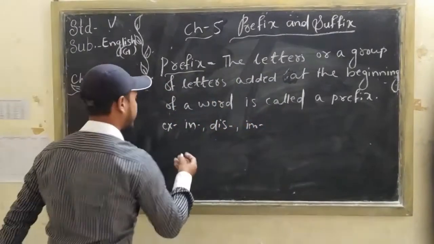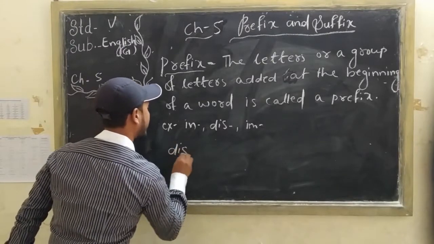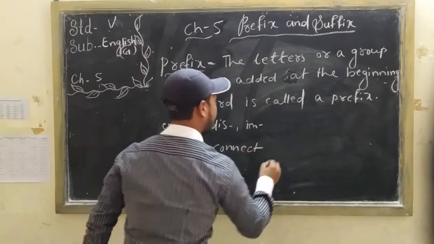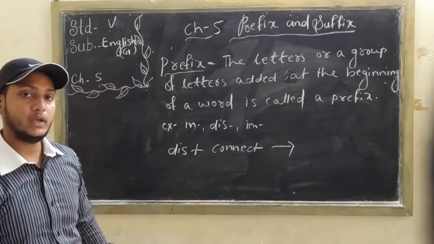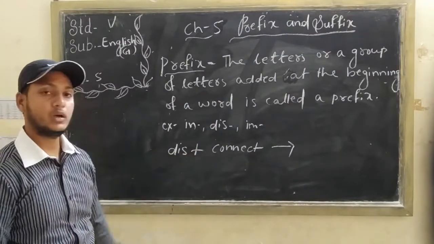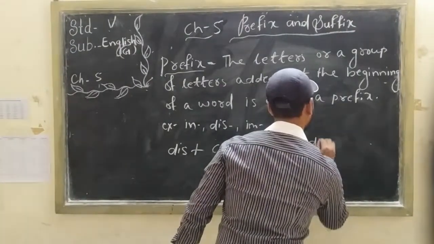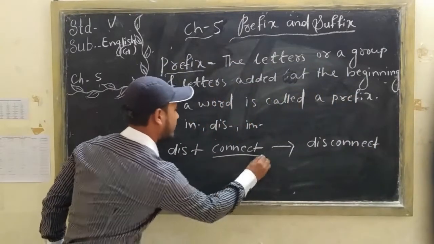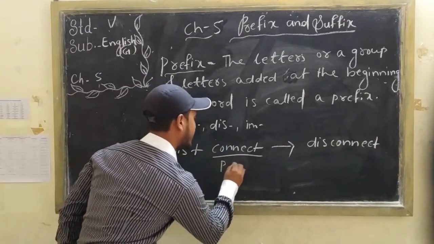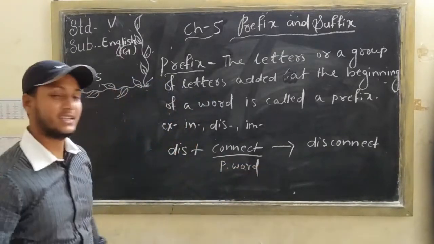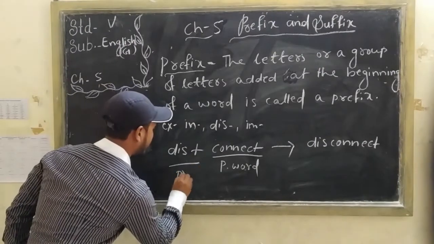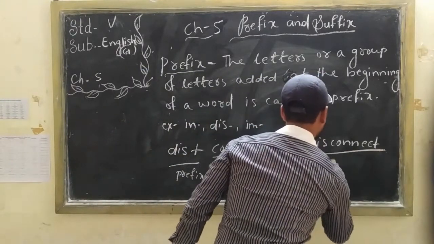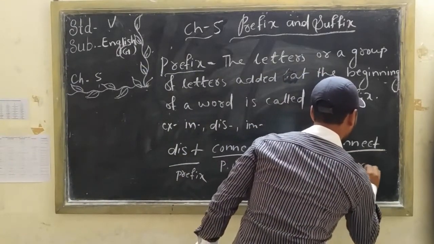Similarly, we can add this prefix to connect, your primary word, to make a new word. What will be the new word of this prefix and word? It will be disconnect. Connect is your primary word, dis is your prefix, and this is your new word.